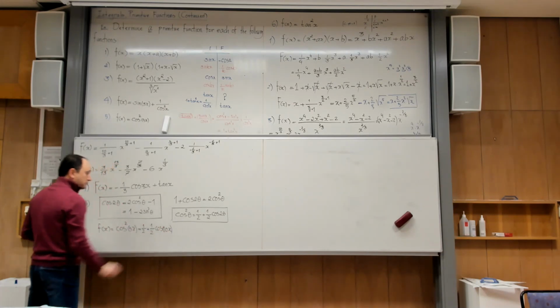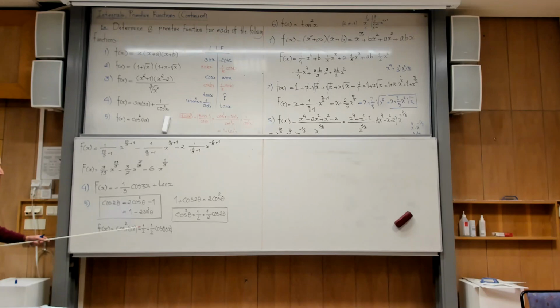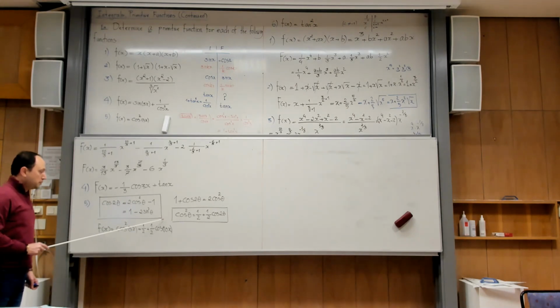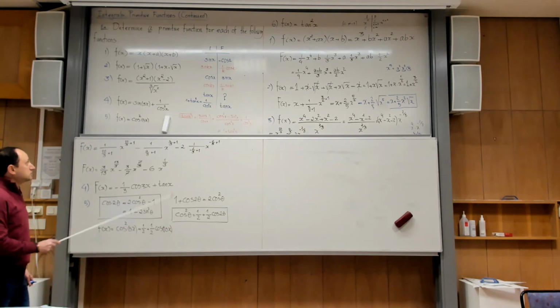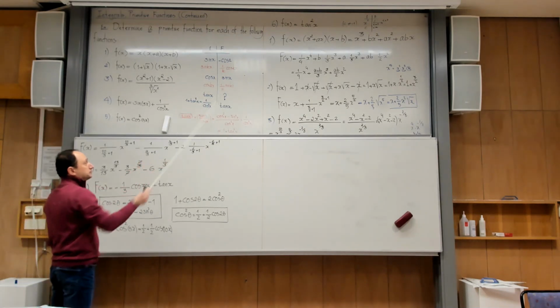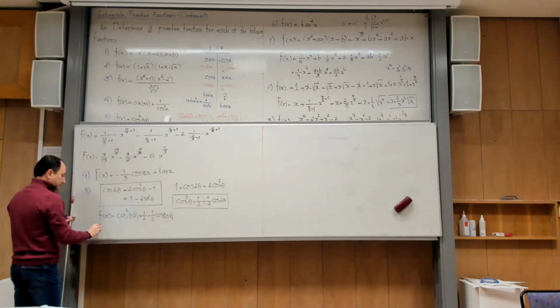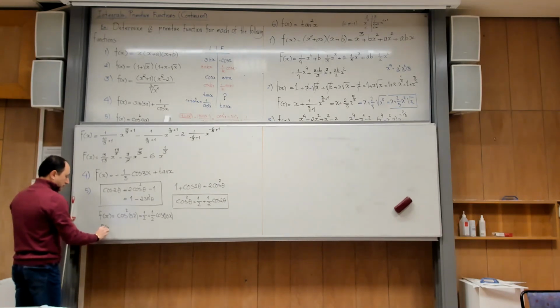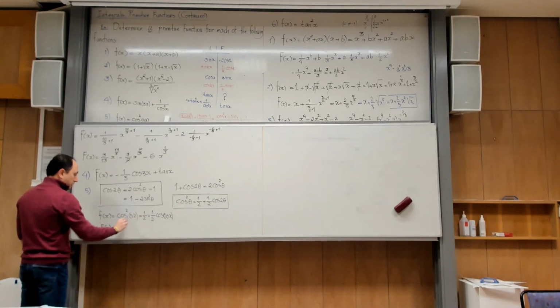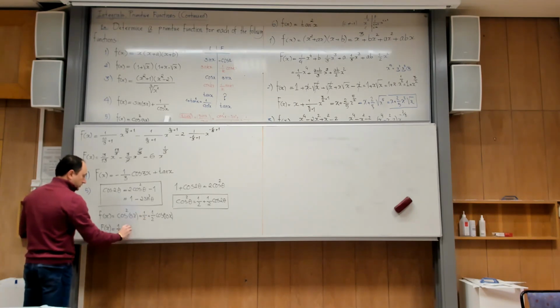But then it becomes very easy to do that, because if I ask you what is a primitive function of 1/2, yes, it is simply 1/2 times x. And if I ask you, do you know a primitive function for cosine 10x? The answer is this form. Yes? So now I can find a primitive function for this simply. A primitive function for this is 1/2x plus 1/2.